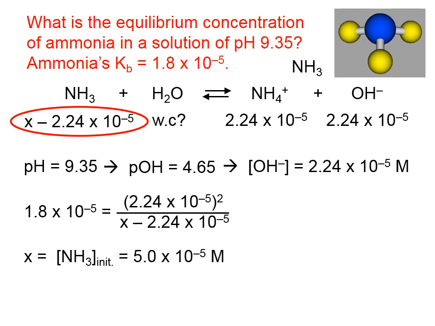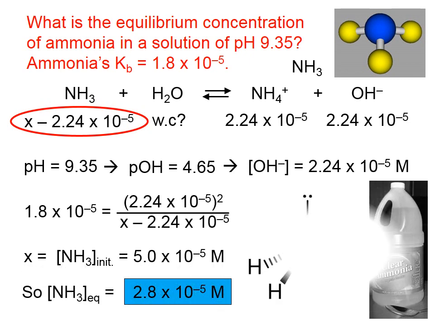I trust that you can do that. 5.0 times 10 to the negative fifth. Again, what we're asked is, what's the equilibrium concentration of ammonia? This 5.0 number is the initial concentration of ammonia. So what we need to do is take 5.0 times 10 to the negative fifth and look at the red oval, subtract off 2.24 times 10 to the negative fifth, and that'll give us our equilibrium concentration of ammonia.